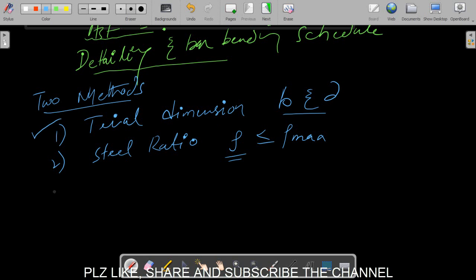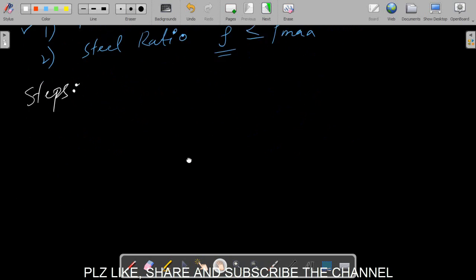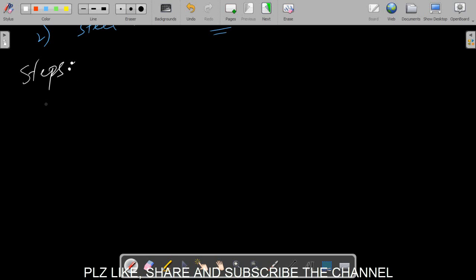Now these are the required steps which we follow in our design. First of all, step 1, we need to calculate the loads. I have discussed this in part 08, I think: equivalent loading, that is trapezoidal loading or triangular loading, and similarly in part 10, I have already discussed how to calculate wall loading.